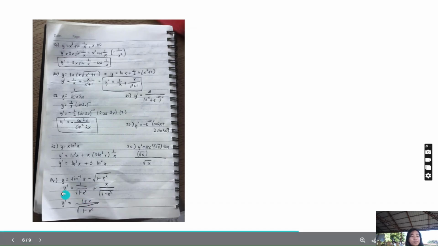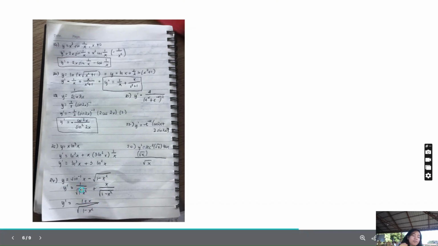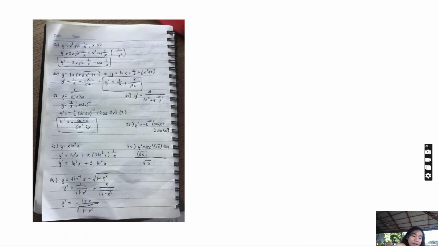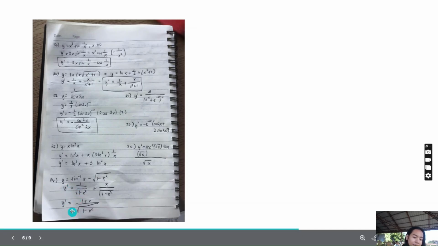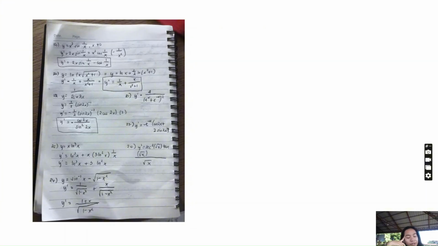Now, moving forward to number 26, we are given y equals sine to the power of negative 1 of x minus the square root of 1 minus x squared. So we can write the derivative of this one as y prime equals 1 over the square root of 1 minus x squared plus x over the square root of 1 minus x squared.